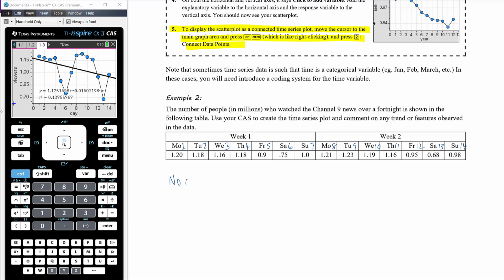I'd say no clear trend. It's possibly a downward trend. But as I said, I think the scale of this scatter plot is a bit misleading, given looking at the size of that gradient. That gradient's pretty close to 0, so it's not really going down very much. Possibly slight downward trend, but I would argue no clear trend.